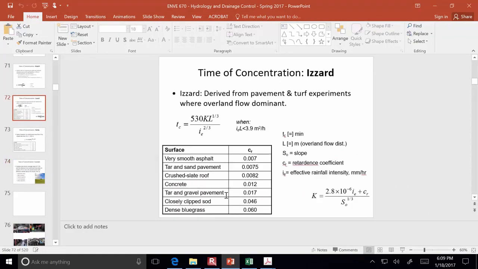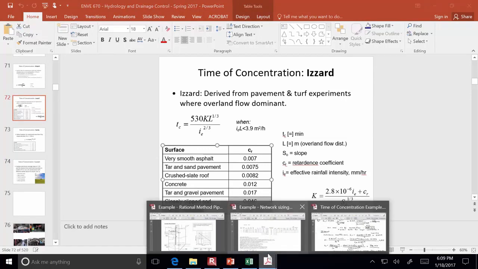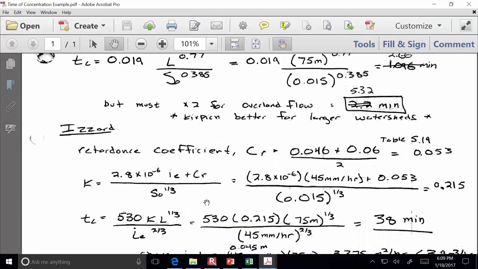So what I did was I said, well, here's closely clipped sod and here's dense bluegrass, and I did some average between them in my estimate of using Izzard. So I said, let's use an average C sub R of about 0.053, and then that is what I put into this formula to calculate the K value, using the same 45 millimeters per hour for the intensity and the slope.